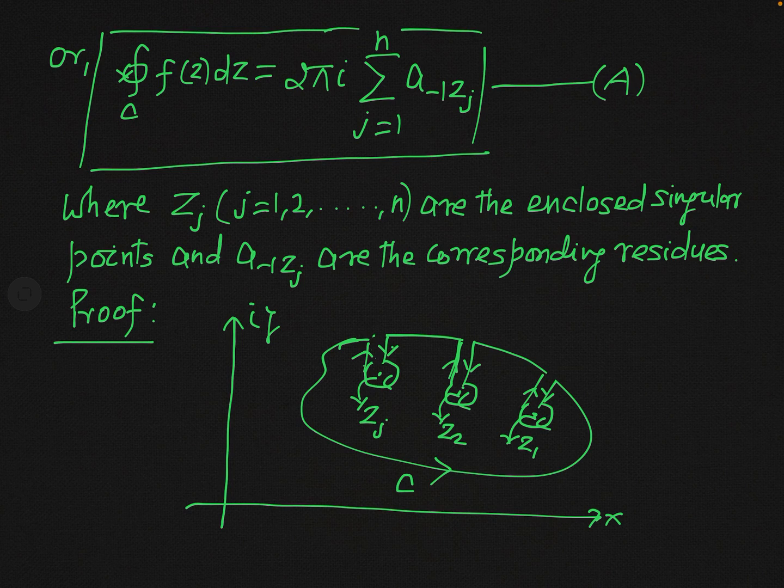You know, a multiply connected region becomes a simply connected region when we connect the closed curve C with these circles by a crosscut.